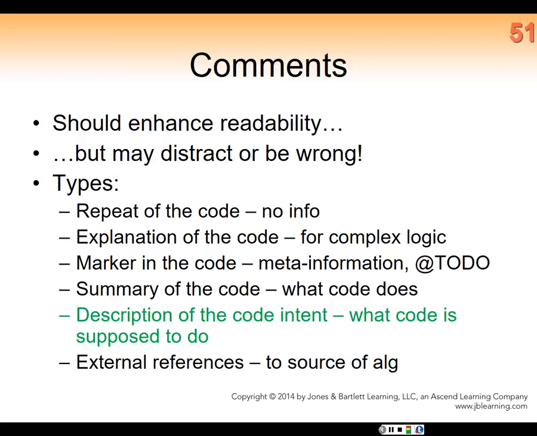The best kind of comment you could add in your code is a description of the code's intent. What's the code supposed to do? And the best way to ensure these kinds of comments is to write them first. That's why in courses like 160, one of the things we begin with, we have one class, one method, and we typically give the algorithm there.